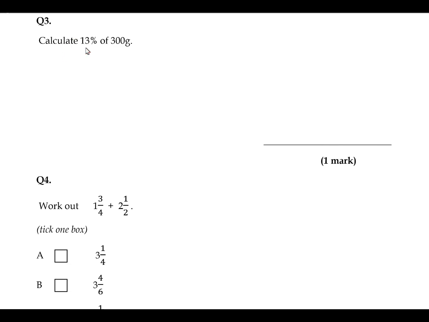Question 3. Calculate 13% of 300 grams. So whenever you get a percentage question in the non-calculator paper, always remember your 10% rule. So to get 10% of the value, divide it by 10, so 10% is 30 grams. Now, we also have a 1% rule, where if we divide it by 10 again, we end up with our 1% value, which is 3.